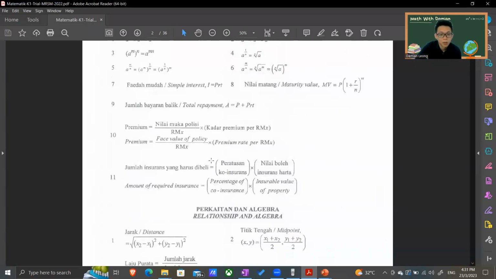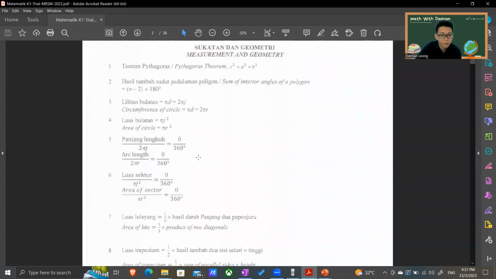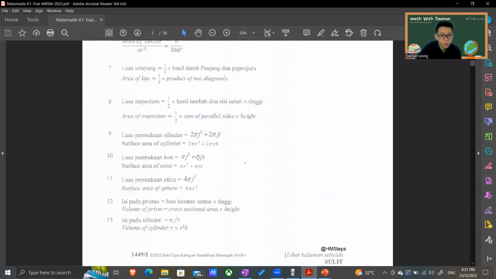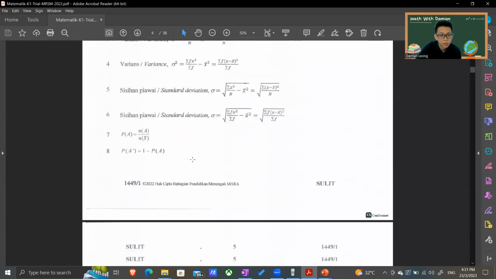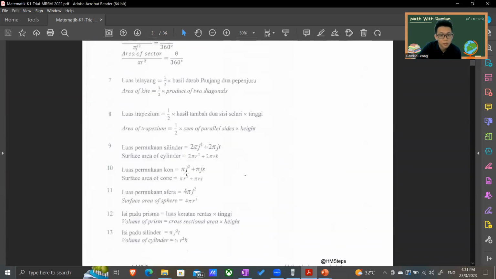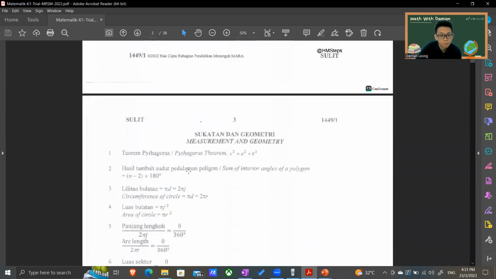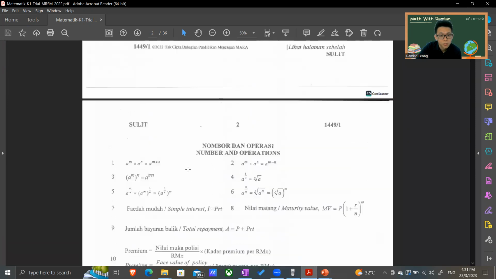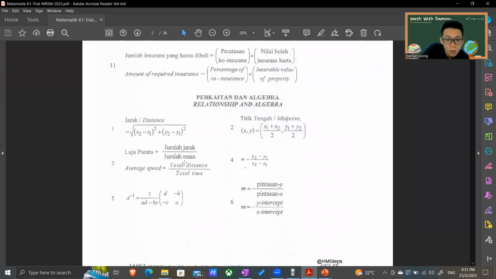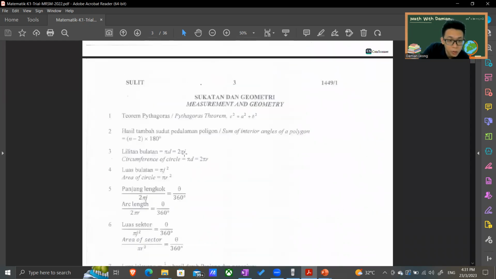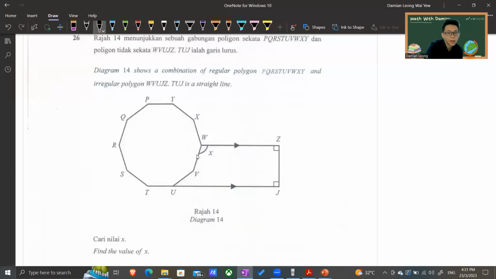So you see, we have the sum of interior angles formula. Is it in the formula sheet? Yeah. Sum of interior angles, n minus 2 times 180. But we don't have the formula for each interior angle.